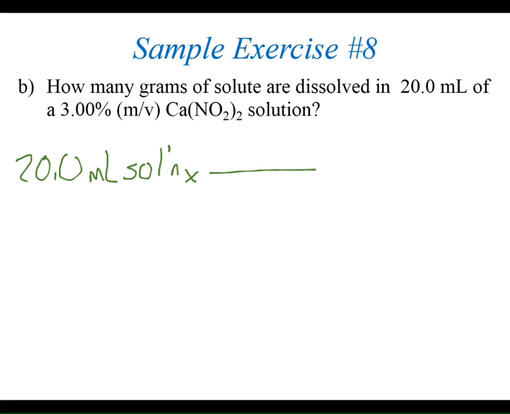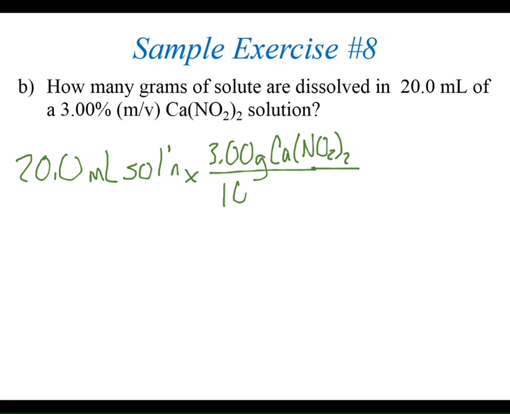So how do I use that 3.00%? What goes on top, what goes on bottom? 3.00, what's the units? It's M/V, so M, grams, mass. Mass of what? Calcium nitrite, the solute, right?